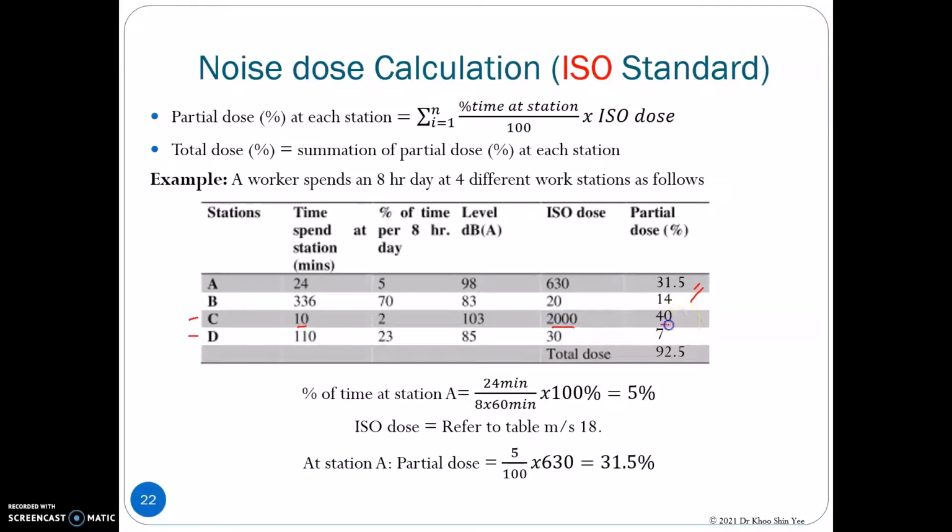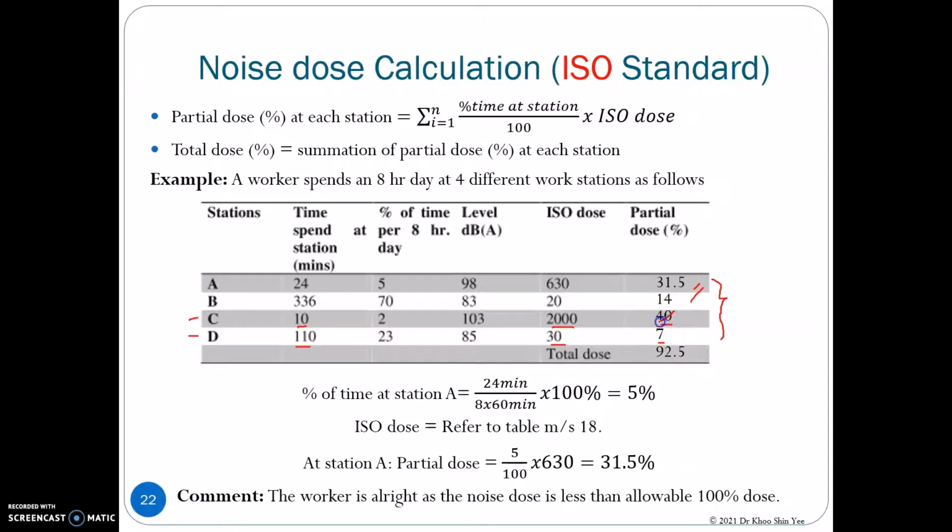Then you should obtain 40%. For station D, we convert 110 minutes into hours by dividing it by 60, and then we take the 110 divided by 60 and divide by 8 hours and multiply with 30. By doing that, you should obtain 7% of the noise dose.